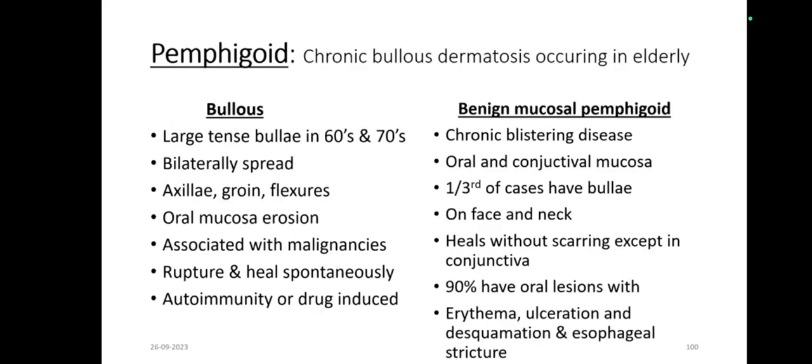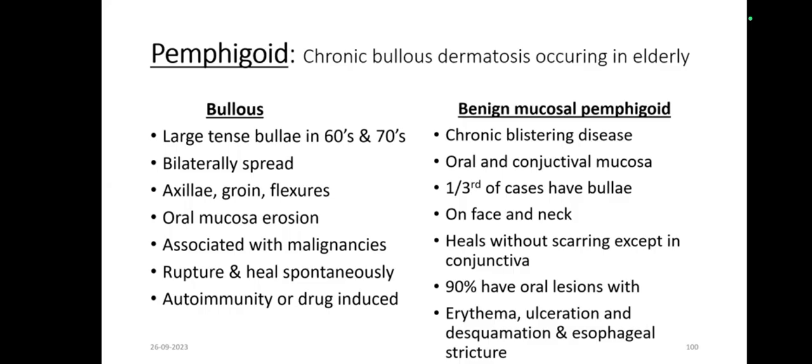Pigmentation disorders like vitiligo and leukoderma, we will deal with tomorrow. Systemic illness, we won't explain today. And pemphigoid is not such a dangerous clinical condition. Today also one case got admitted with repeated pemphigoid. Beautifully we can manage it with Ayurveda. There are two variants of pemphigoid: one is the bullous variety, the other is benign mucosal pemphigoid.